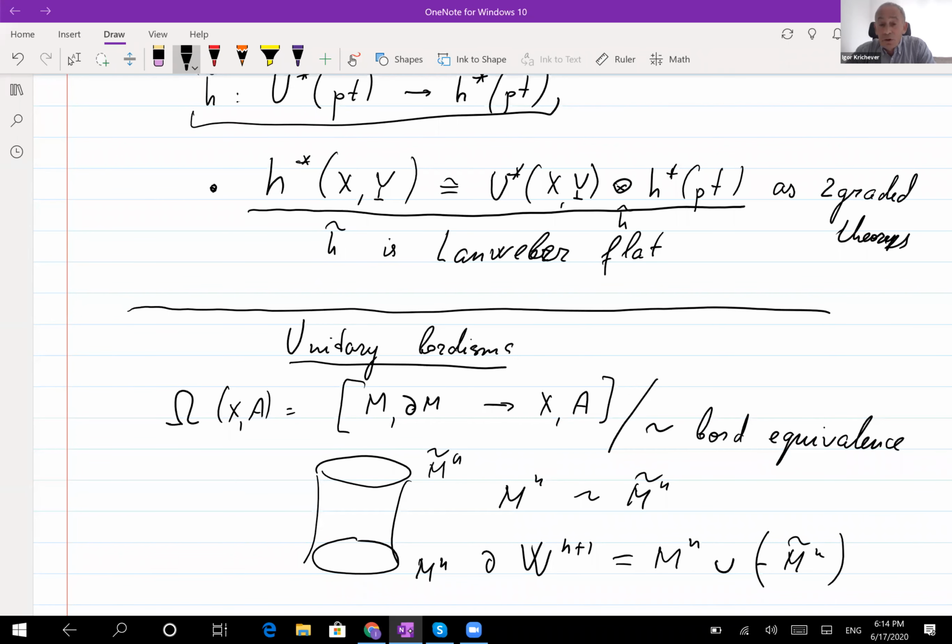The original definition for non-oriented manifolds was introduced by Thom. In that case, you just take the boundary as the disjoint union of two manifolds. In the orientable case, you need to take into account orientation. There is a whole bunch of theories: unitary, symplectic, special unitary, frame. Whenever you add some additional refined structure on a manifold and maps, you get some variant of the theory.